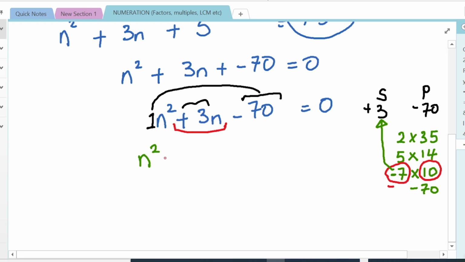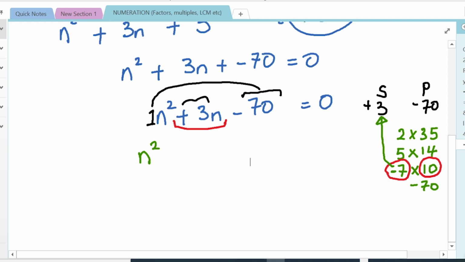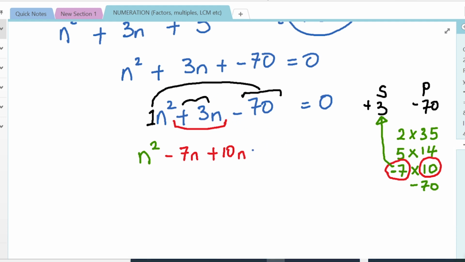So it is n squared, then it's going to become minus 7n plus 10n, then we come to minus 70 is equal to 0.